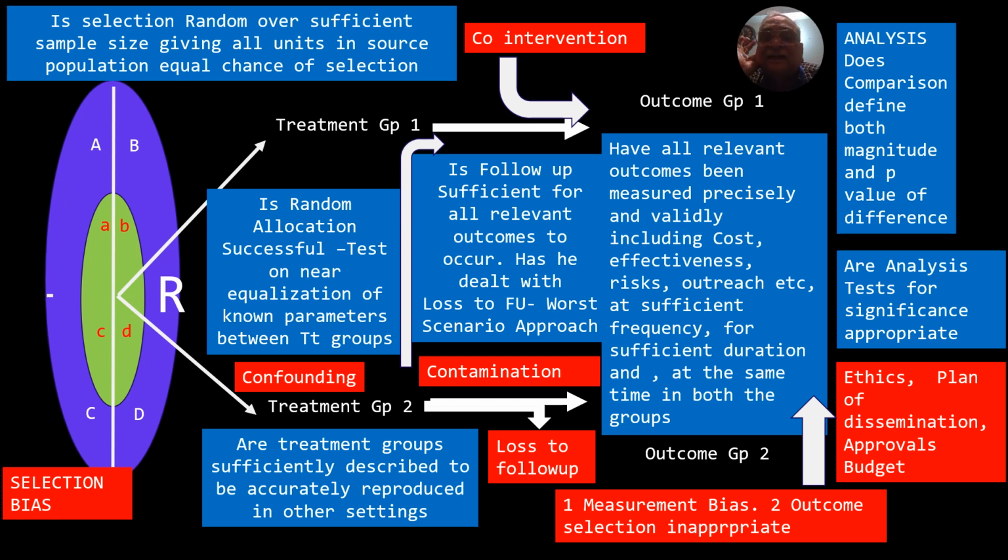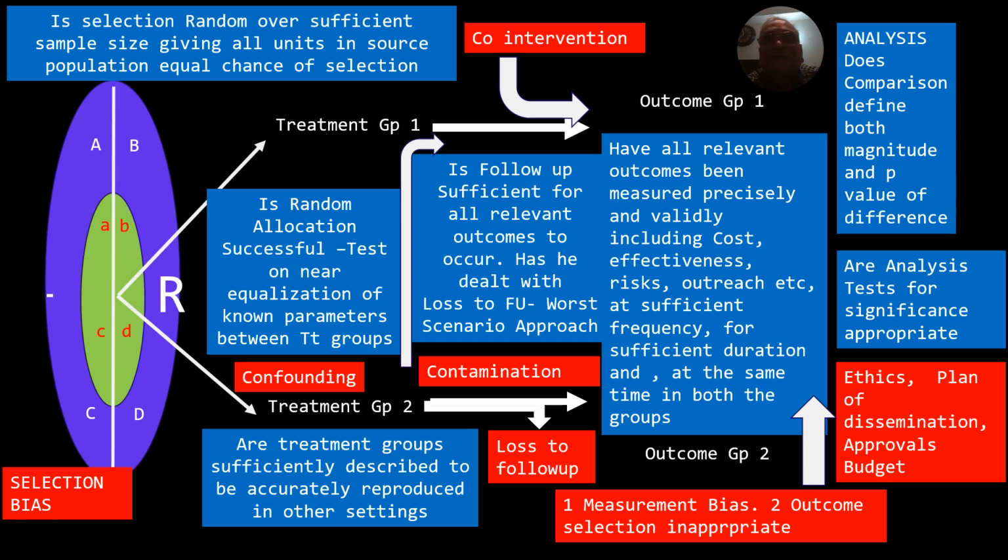The second thing is that there are two ways to measure outcome. One is subjective, the other is objective. The subjective outcome is measured by an observer, and if the patient and the observer do not know which treatment group they belong to and what the research hypothesis is, then subjective outcomes are measured precisely and validly. Otherwise, there is a measurement bias introduced because the subjective component has a biased observer or a biased patient.